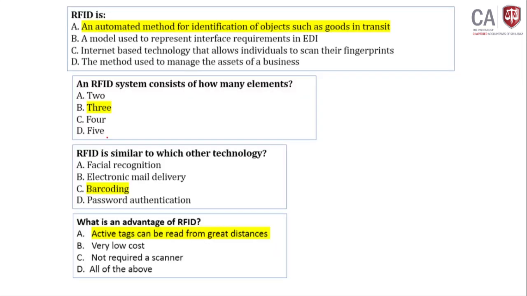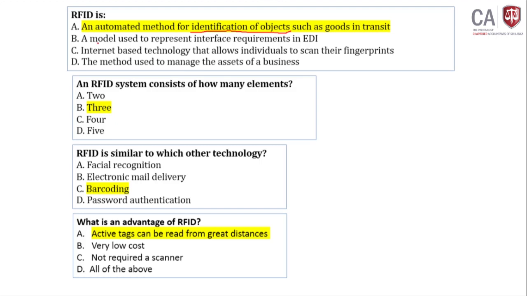With regard to the questions I have given here: RFID is what? An automated method for identification of objects, such as goods in transit. So, this is a good example for that.